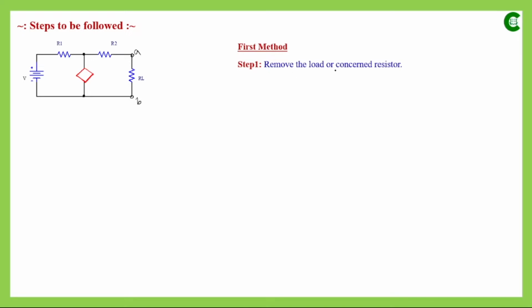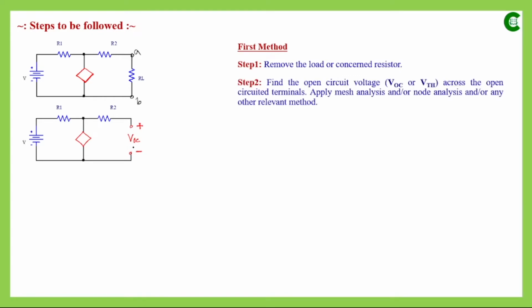When we remove that resistor, it will create open terminals like this, and in the second step we will find out the voltage drop across those two terminals. This will be the open circuit voltage VOC across the terminals AB, and that open circuit voltage VOC will be our Thevenin's equivalent voltage for the whole network.